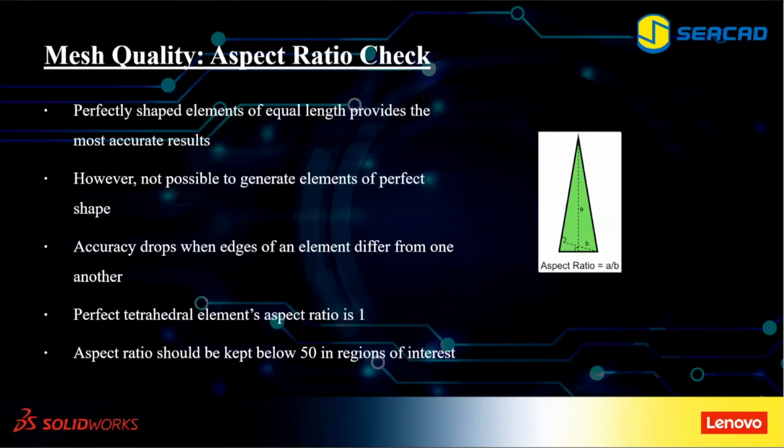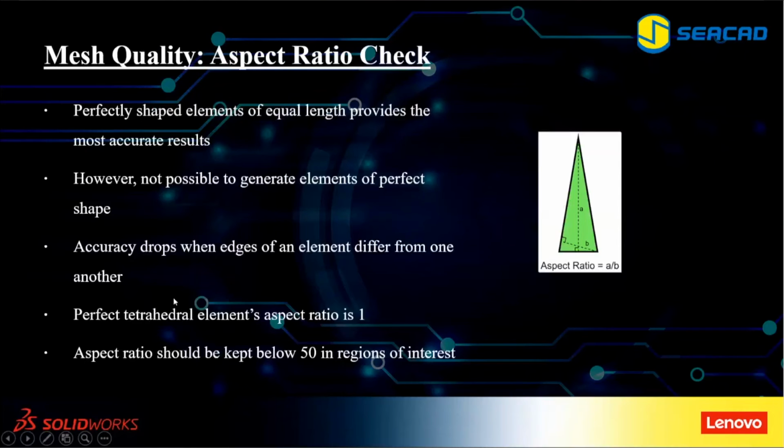If the element has a large distortion, it will create a less accurate result. If it is a very regular element, like this one, then we get a more accurate result from the simulation. So that is what the aspect ratio is in this slide.